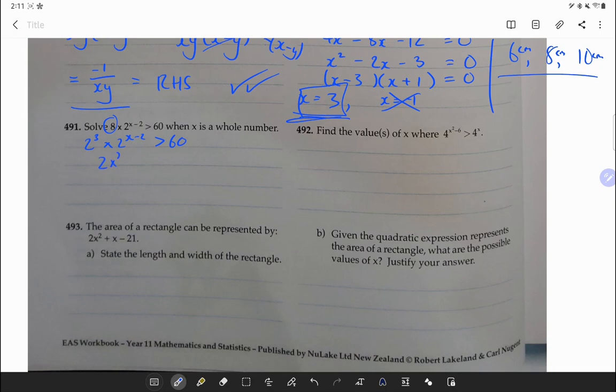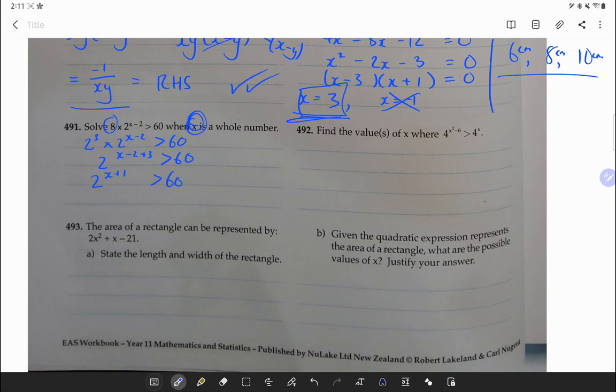This actually becomes x minus, that's not times there, plus 3. I can rewrite it like that, which of course becomes 2 to the x plus 1. All right.